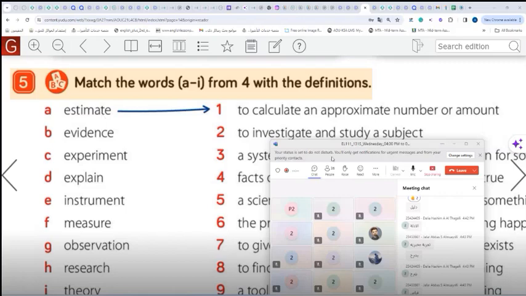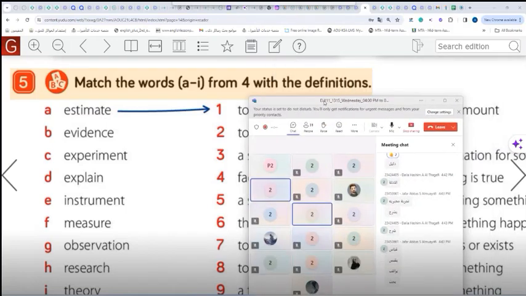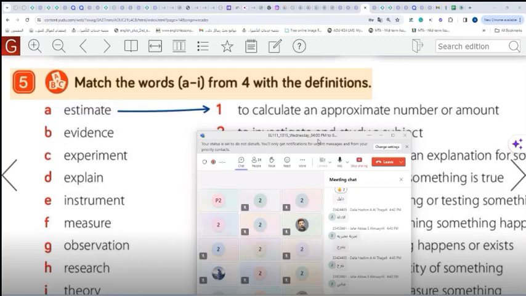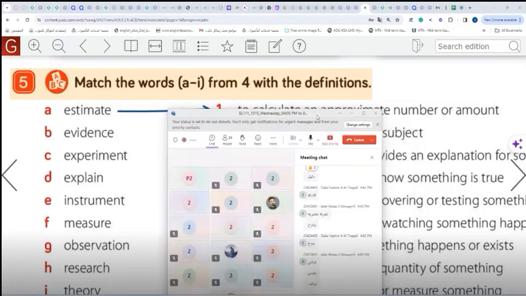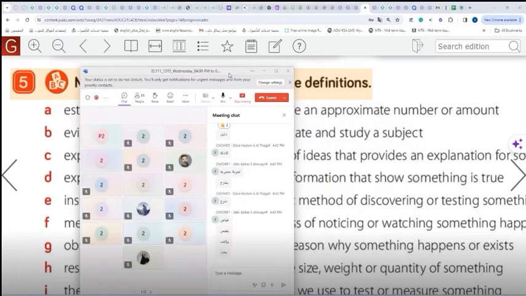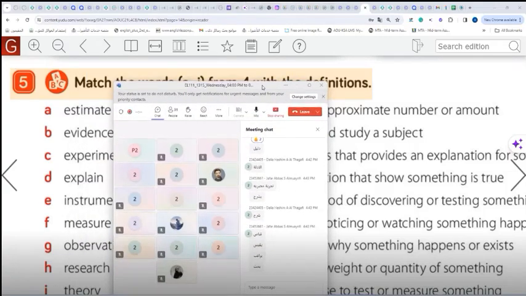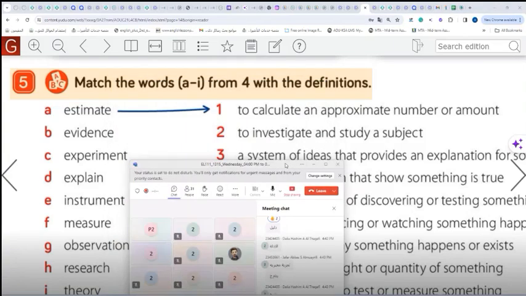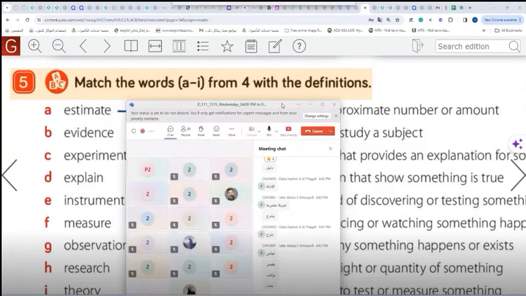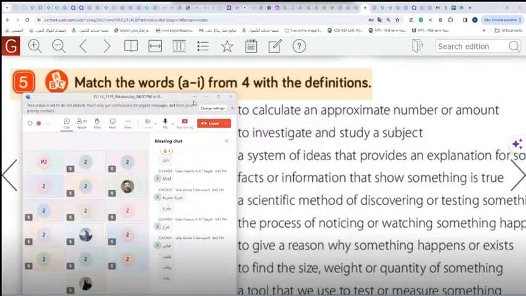To calculate an approximate number. Okay. Is it to give the exact number? But what if you calculate using your own calculator? Are you going to give the exact number? Yes. So this is the difference between estimate and calculate. Calculation means giving the exact number.